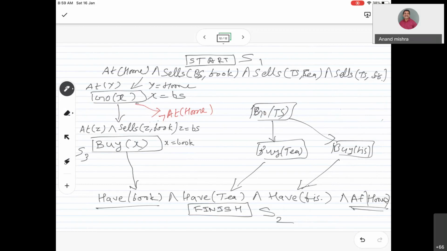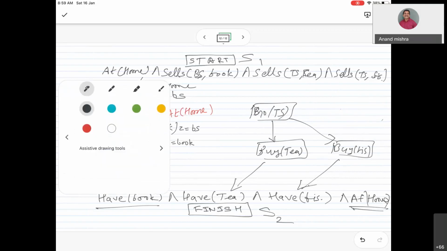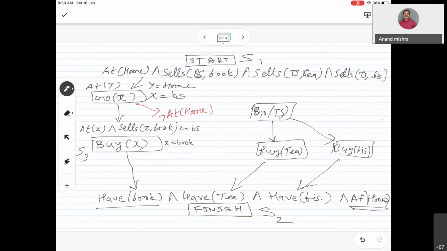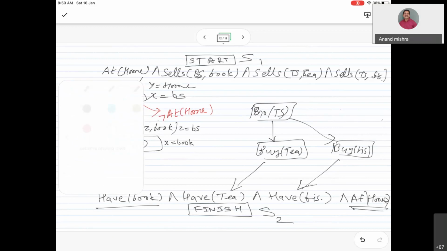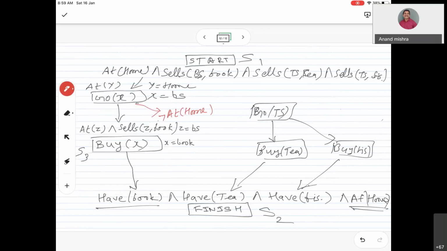One of them is called promotion and one is called demotion. I recommend you look more into the book. But here, what promotion and demotion mean is that this ordering has to be specified, like these dotted lines. We first finish this and then go to tea store, or you first buy these things.